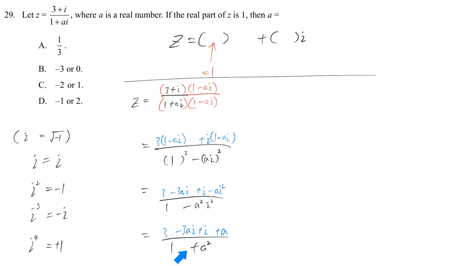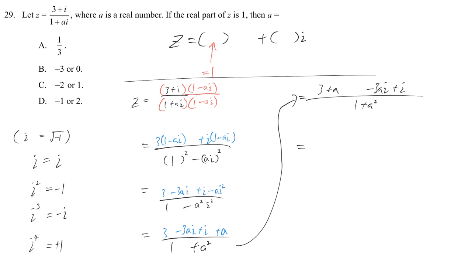Afterward, the most important mission is to separate the real part and imaginary part. Don't forget it. So with i, we put it at the back. Without i, the real part, we put it in the front. Then it will become 3 plus a minus 3ai plus i, and then over 1 plus a squared.